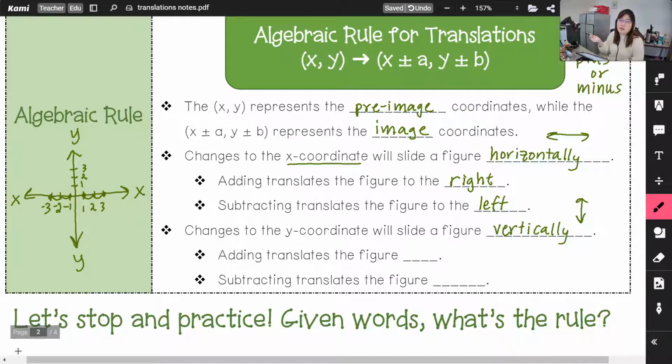Numbers go up as you go up. So adding translates the figure up. Subtracting, makes sense, right? This is -3. I'm running out of space on this, but you get the idea. Subtracting translates the figure down. So y plus b is moving the figure up b units. Y minus b is moving the figure down b units, and b could be any number.